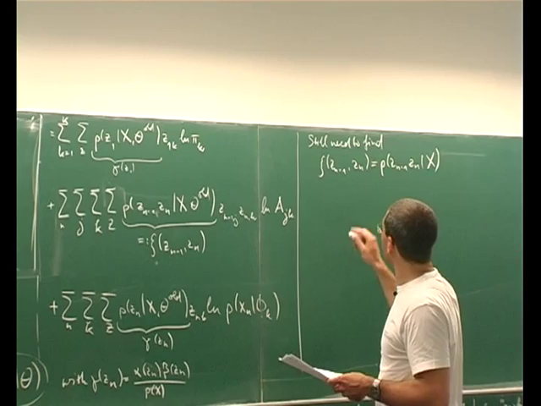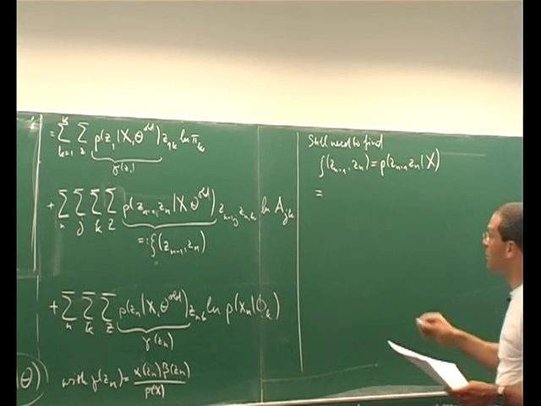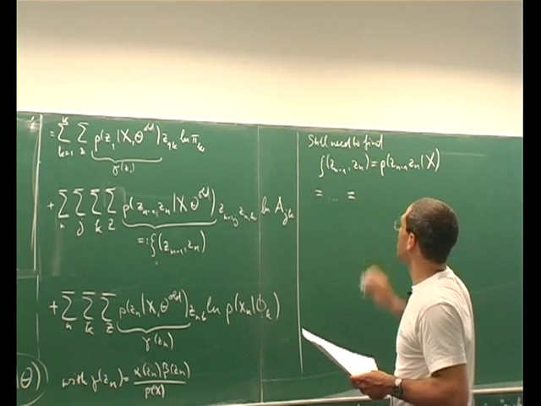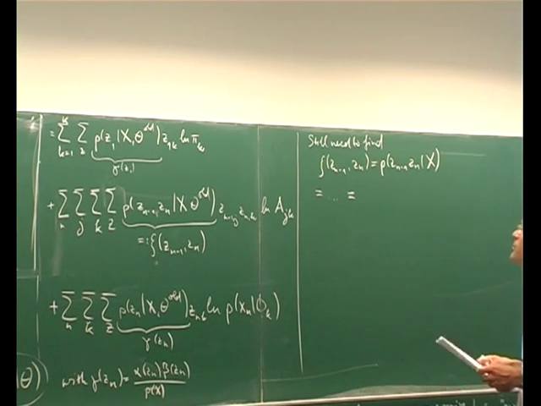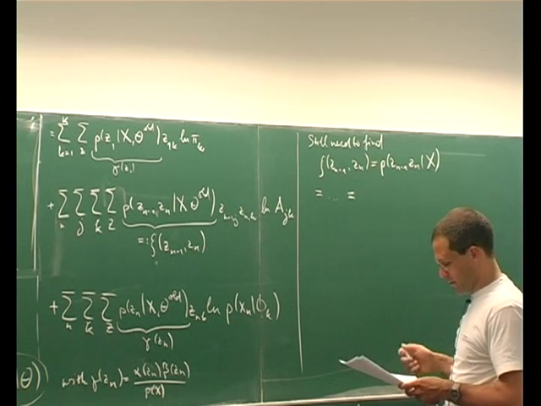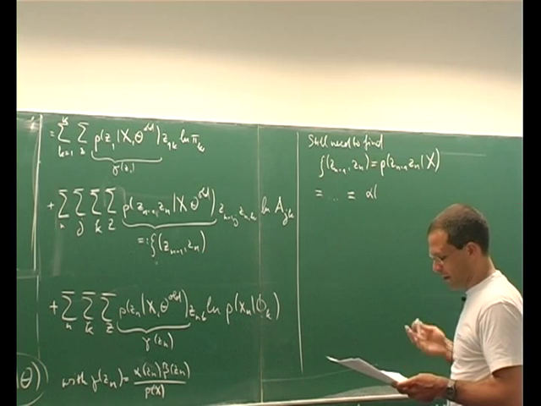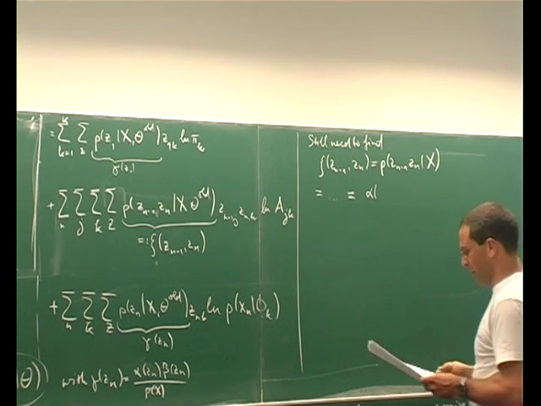And using the same kind of manipulations that we did before, about three lines of regroupings, which I spare you now, what you get is the following. This can be expressed in terms of the alphas and betas as follows.